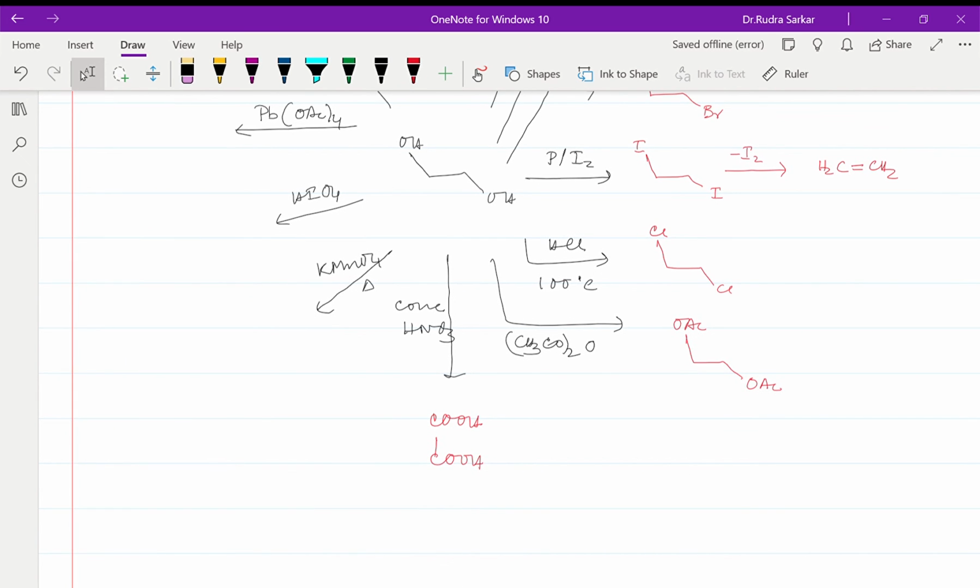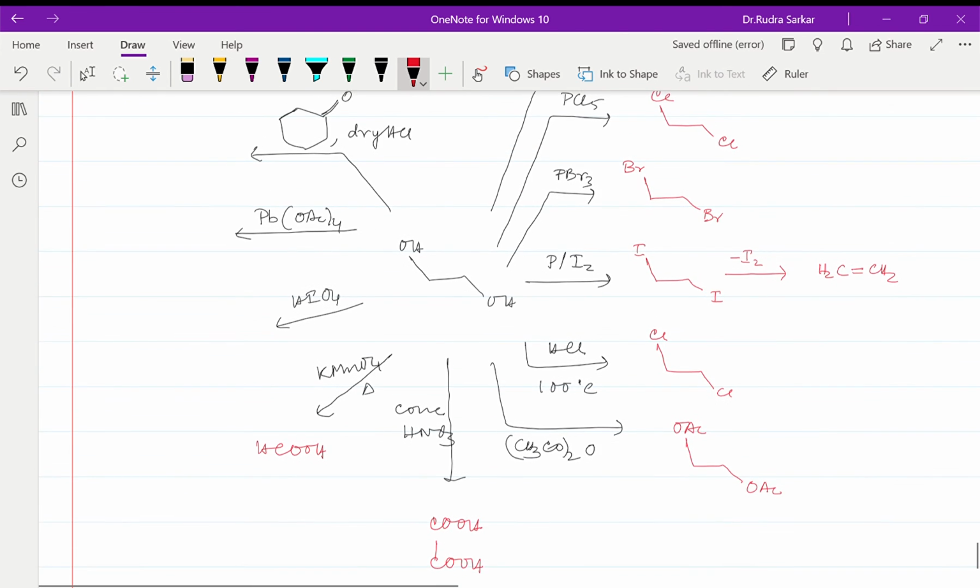Any idea what will happen when you use KMnO4 with heat? Oxalic acid. No, formic acid. Yes, the formula is HCOOH. What will happen when I use HIO4? Oxidative cleavage.